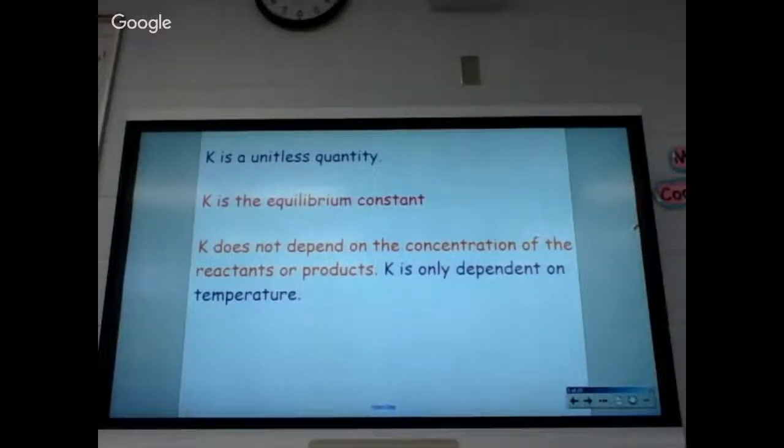So what will always be given in the question? Temperature. Will we do anything with the temperature? No, but it will always be given in the question because K is dependent on temperature. But we won't actually use it in the calculation. It's just always going to be given to us.